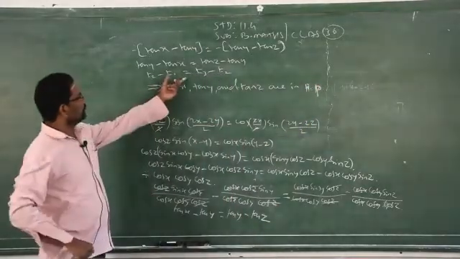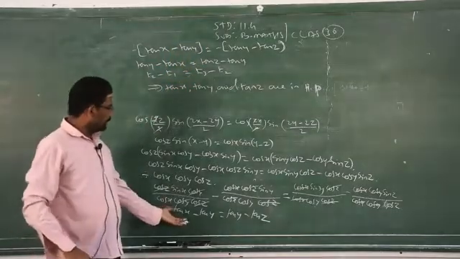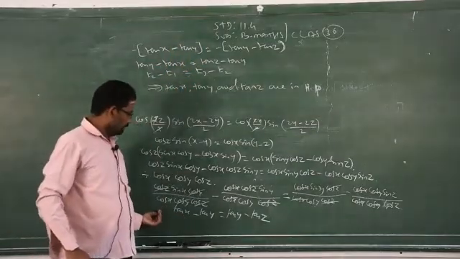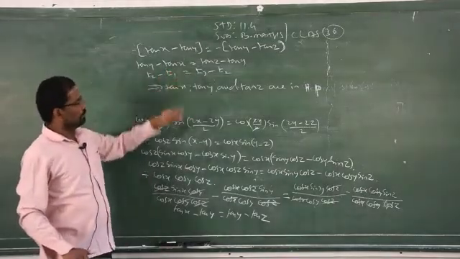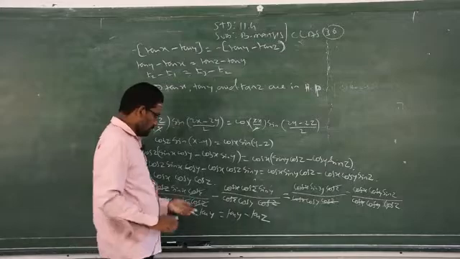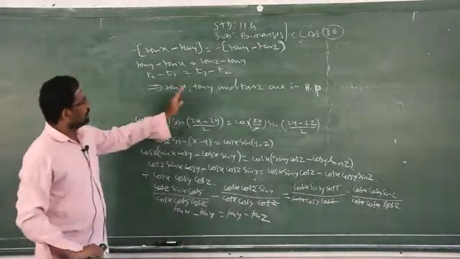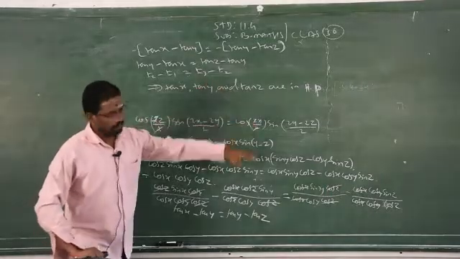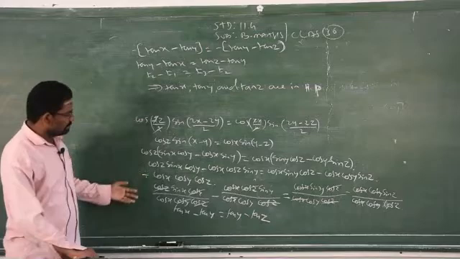Once you have to bring this result by doing whatever adjustment. So I did not get this in this format, so I am multiplying minus on both sides. I can get the standard form of AP. Therefore, once I got the standard form of AP, then we may say the given tan x, tan y, tan z are in AP. Hence the proof. Clear? So this is very simple.